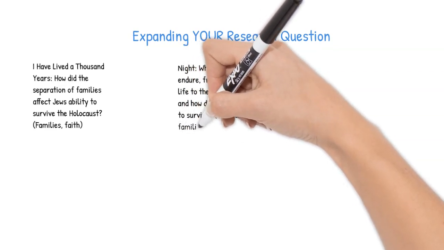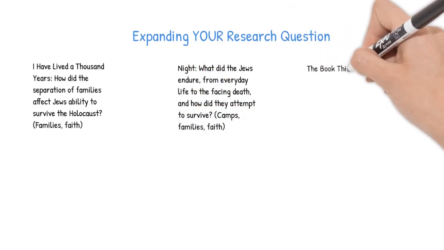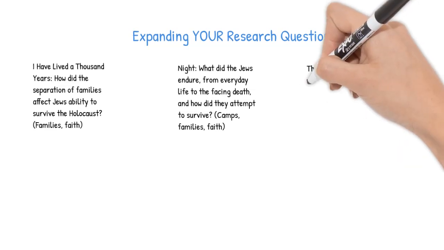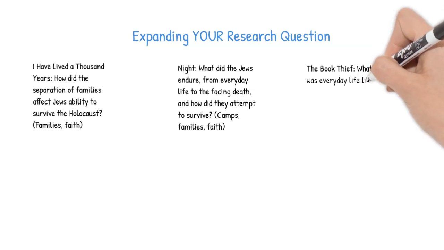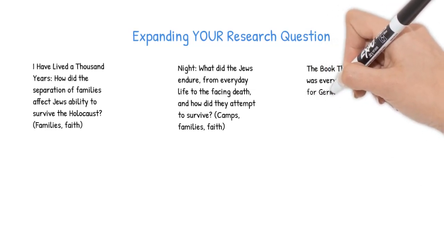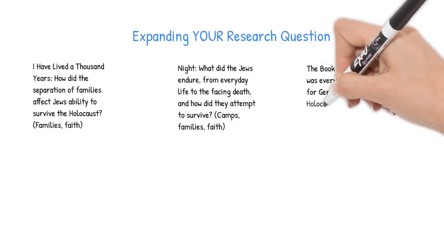If you read The Book Thief, your question is, what was everyday life like for Germans during the Holocaust? You can look at resistance, families, Nazi ideology to see what Jews had to deal with, similar to what your character did. The Boy Who Dared: why did the Nazis target the Jews?